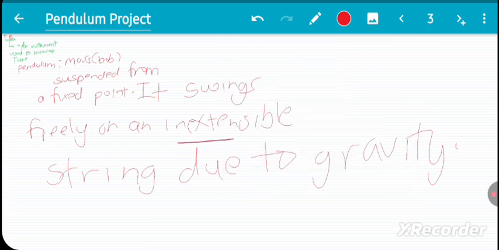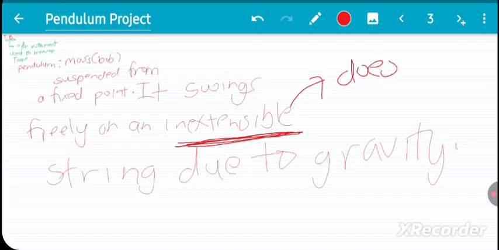We have to explain a few things. The word inextensible means that our string does not stretch. So we are dealing with measurements involving length. So we have to be careful. We have to be deliberate regarding the string that we are going to use.